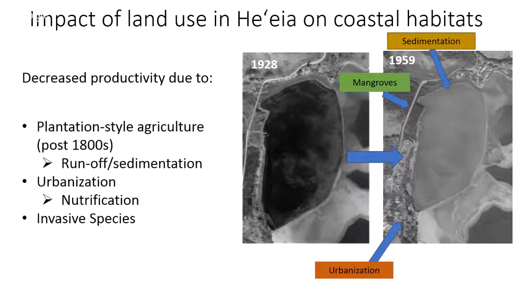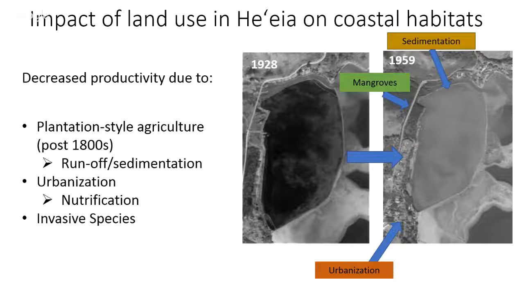In the last century or so, due to a combination of social, economic, and natural impacts, we unfortunately went from a really well-functioning integrated system to a system very low in productivity. Some of the reasons are that we changed the land use.